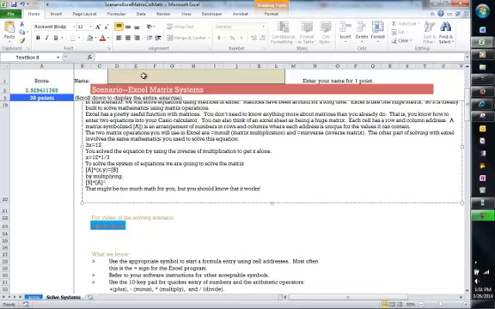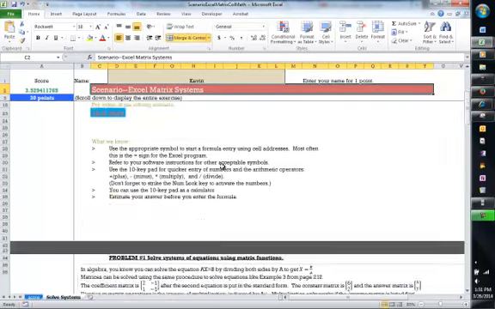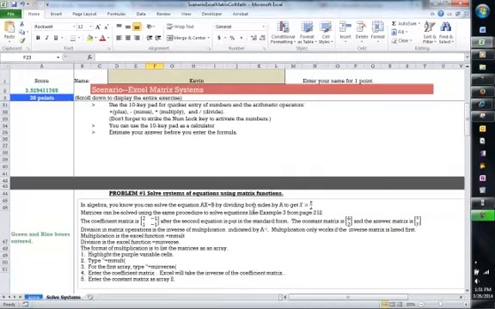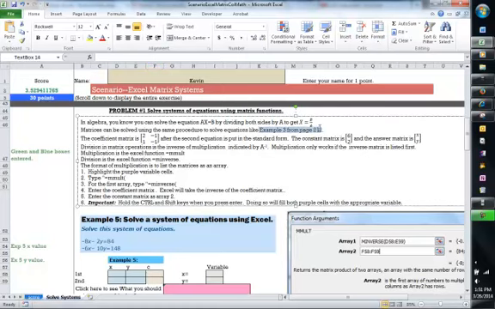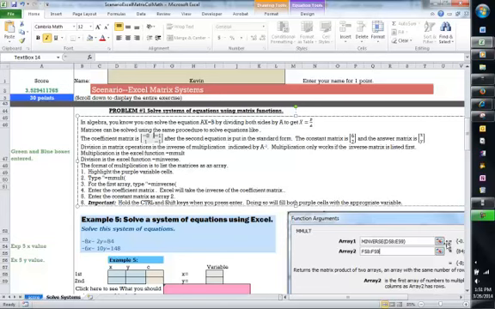So let's get started. First thing we're going to do, write our name at the top, and then scroll through our problem. Okay, so we have the coefficient matrix and the constant matrix. Let's use this one down here, example 5. So the coefficient matrix in this case is -8 and -2.